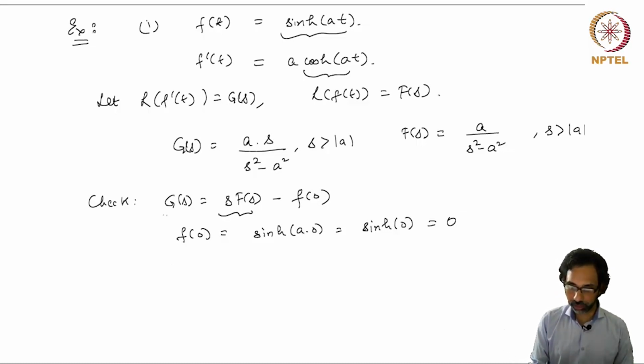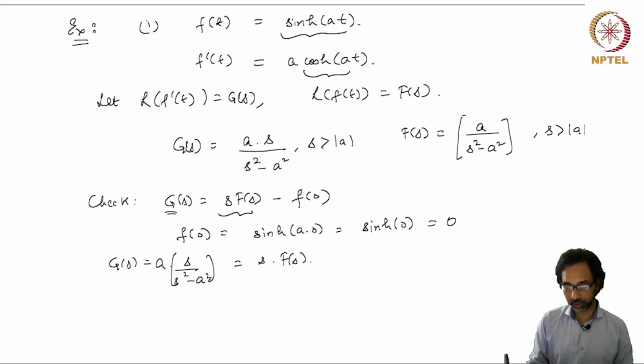So on the left hand side we have a times s over s squared minus a squared, and this is nothing but s times F of s, because F of s is a over s squared minus a squared. So our formula checks out.